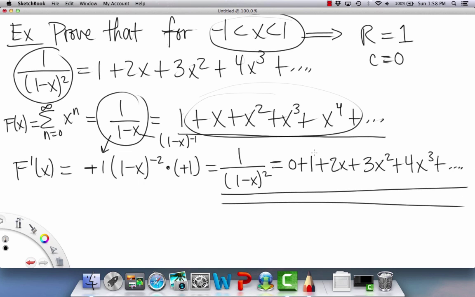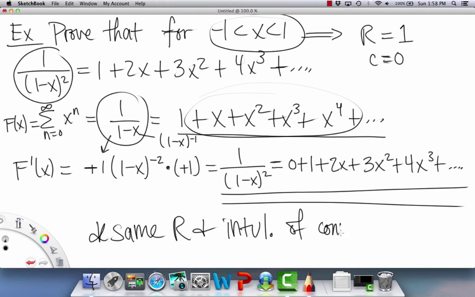We just confirmed the statement that they wanted us to prove. And as I said before, this will have the same radius and interval of convergence, so that would be from negative 1 to 1.